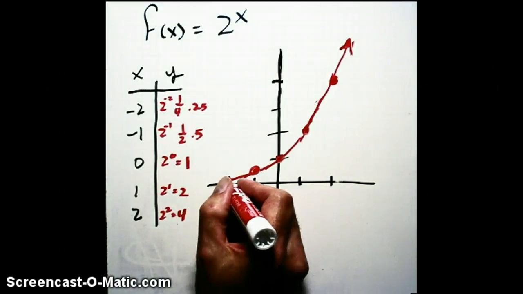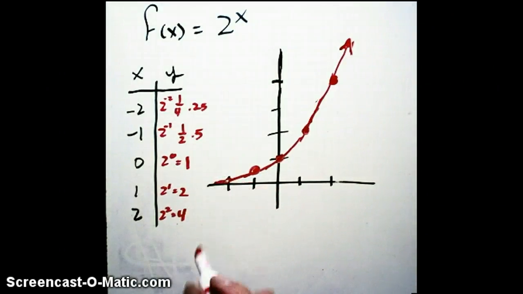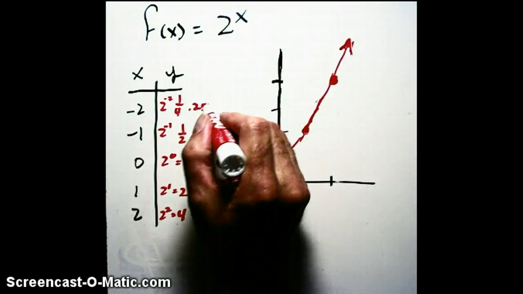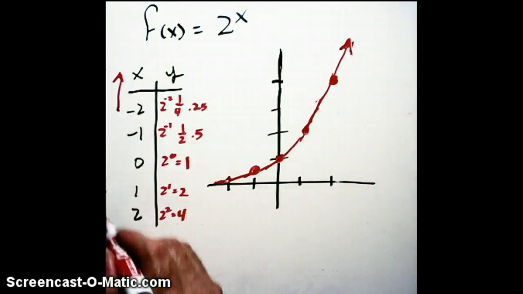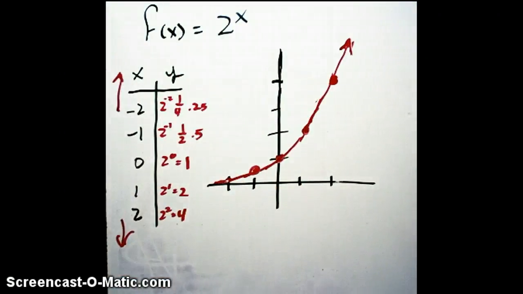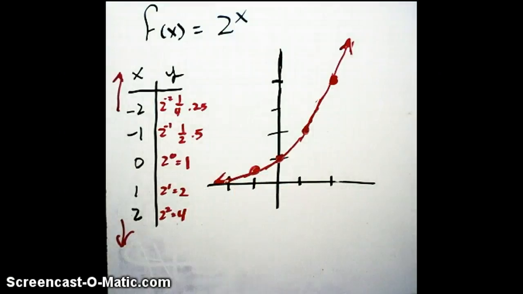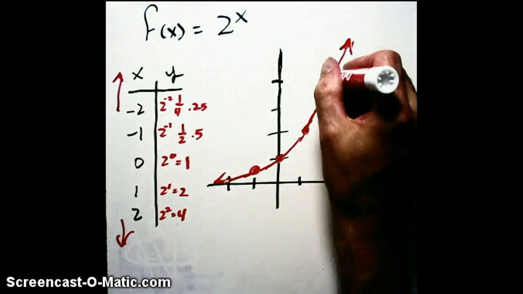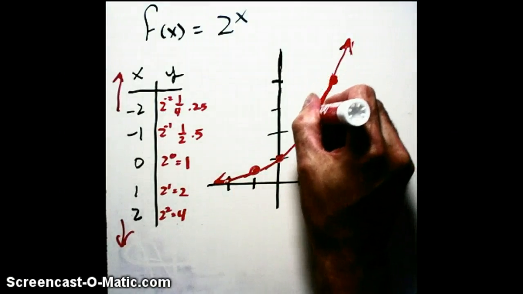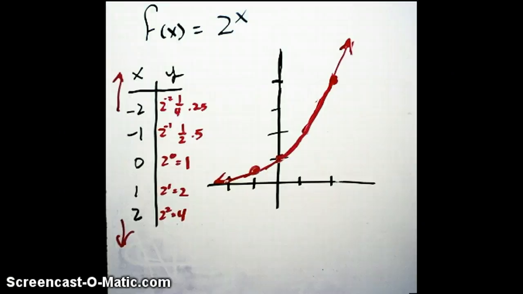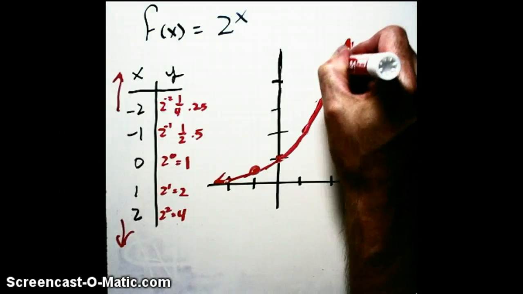It is an exponential function, and as we know, these domain values continue that way and continue that way. Now, these values continuing this way will get small. They'll get close to 0, but they won't become 0. And what that tells us is there's a line that the graph or the function is approaching but does not touch. Okay? And remember, that was called an asymptote. So there you go. There's our function.